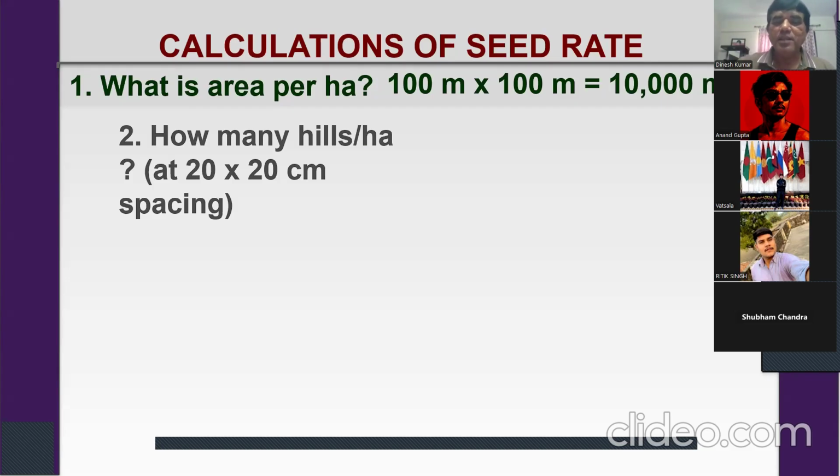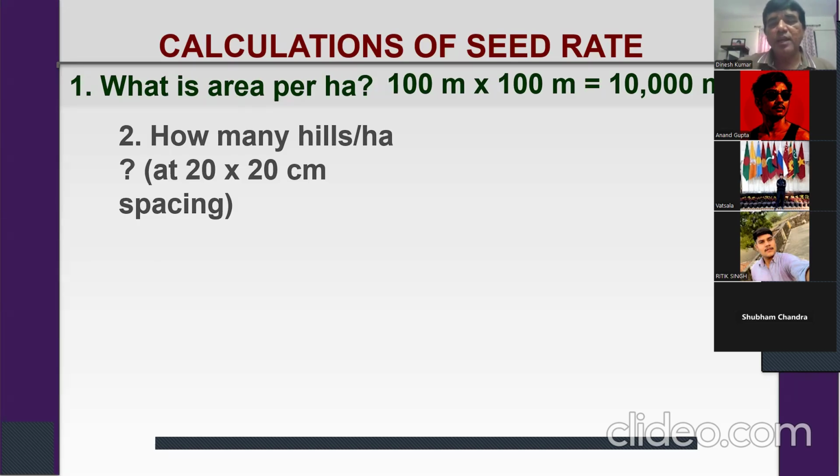Therefore, the name comes hill. Hill is a place, or when you have a spacing from row to row and from plant to plant, there is one place which will have the same spacing in the row and the same spacing within the row. So that particular place where seedlings are transplanted is called a hill.